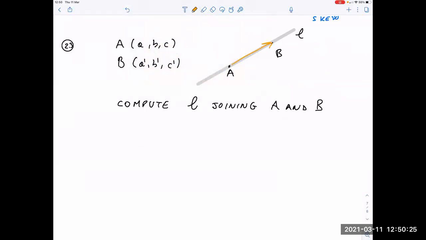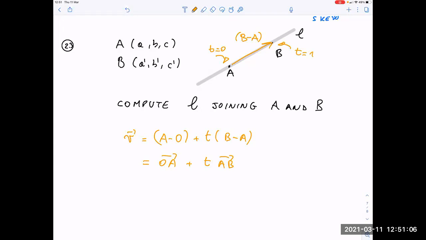This is the direction vector of the line, B minus A. And so you can write the line in parametric form as OA, well, don't mix notation, A minus O plus t times B minus A. In other words, OA, if you prefer, plus t AB. Okay? And you see that in this way, at t equals 0 you are in A, and for t equal 1 you are in B.